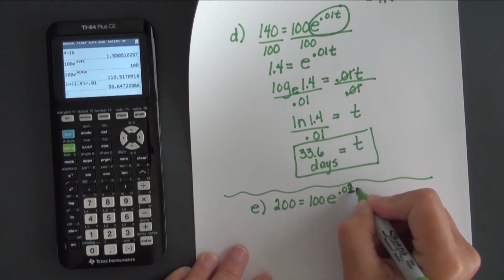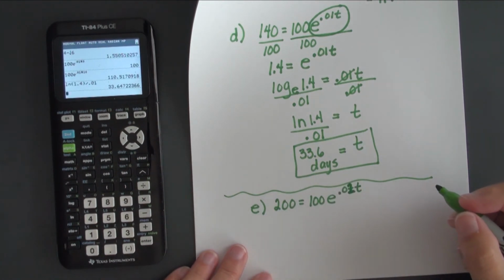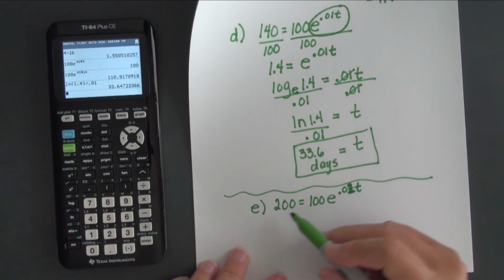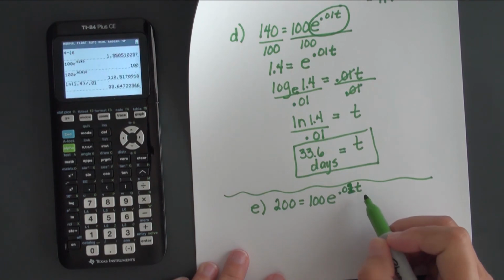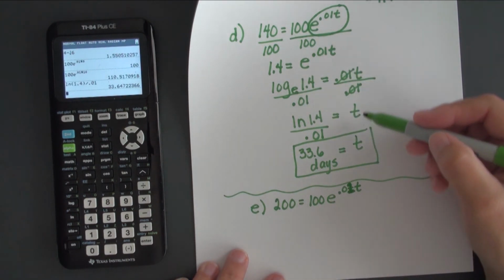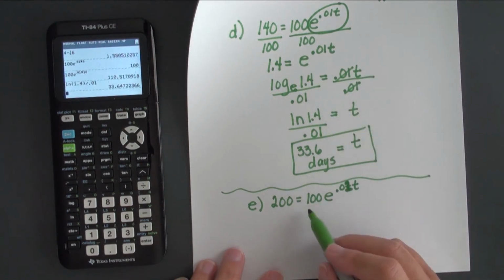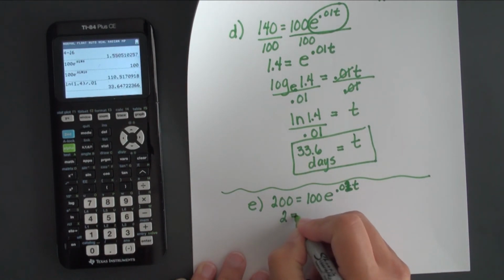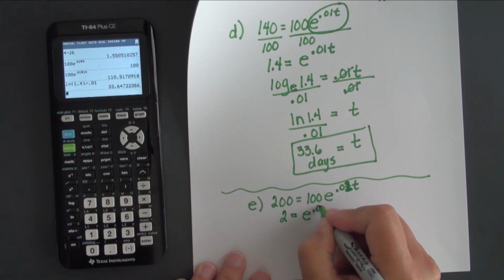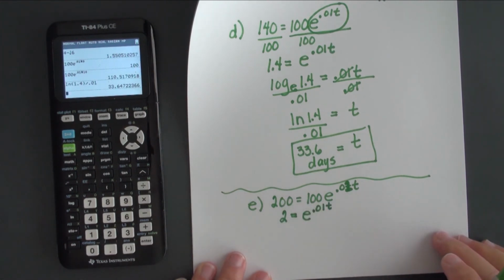So 200 equals 100 times e to the 0.01 t. And I'm going to solve it just like I did part D. I'll divide both sides by 100, and when I get that, I get 2 equals e to the 0.01 t.